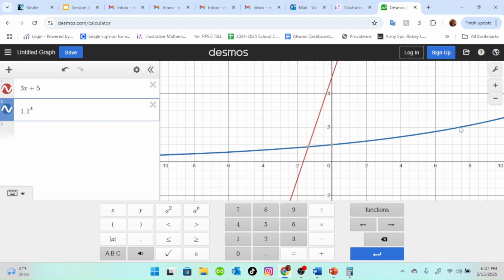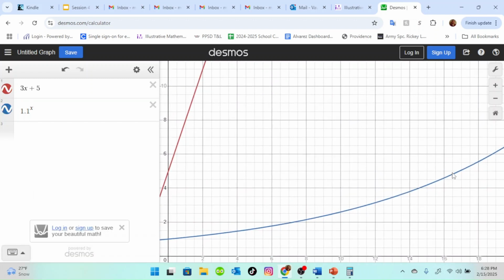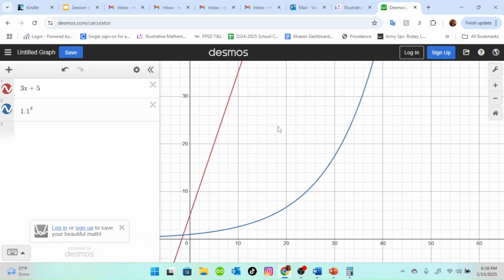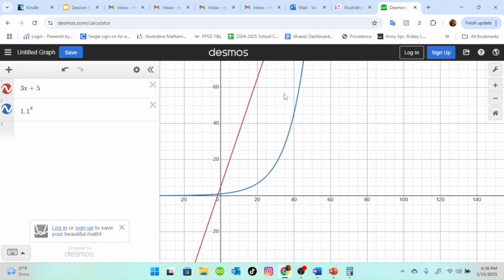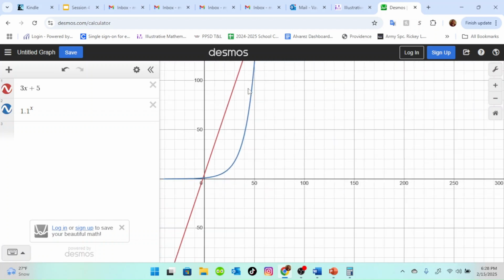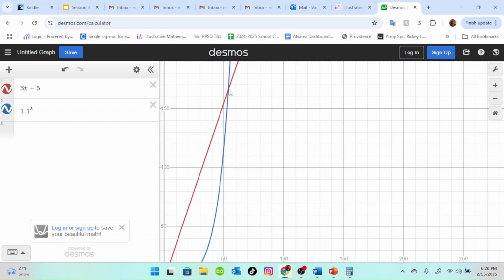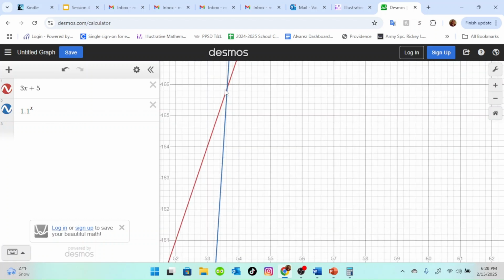This blue line is the one representing g. And they want to know, where would we need to get to for the blue line to overtake the red line? So we can zoom out and drag it around, and what we will eventually see is this point right here. So we'll zoom in so we can get a better idea of where this is.